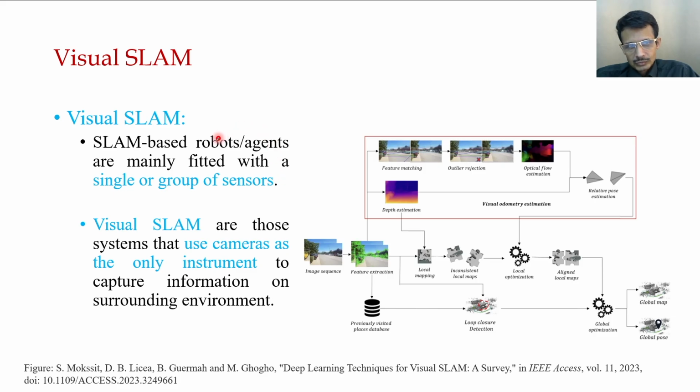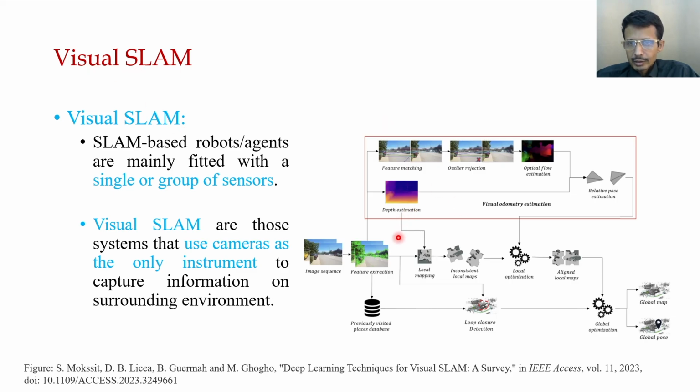Visual SLAM systems are those that use cameras as the only instrument to capture information on the surrounding environment. Normal SLAM may use a group of different sensors, but visual SLAM as an input module uses only cameras. That's why it's visual.